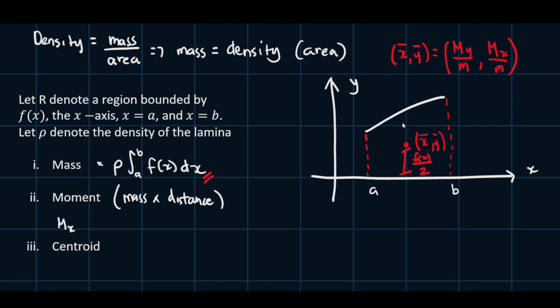This entire thing is f of x, pero since nasa gitna, f of x over 2. So yung moment about the x-axis would now be represented as rho times the definite integral from a to b f of x. This gives us the mass, or this is the mass. Tapos yung distance from the x-axis is f of x over 2.